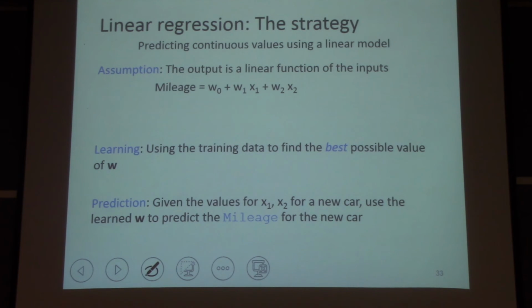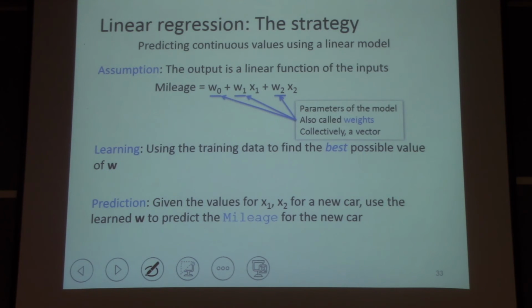In other words, I'm going to pretend that the mileage is simply the dot product of some w and x plus a bias, w0 plus w1x1 plus w2x2. And now the job of learning is rather simple. The job of learning is to find the best w0, w1 and w2 given the training data. And once learning is done, we can use these weights to predict the mileage given these two observed features, the age and the weight.